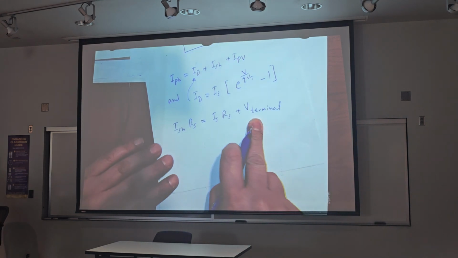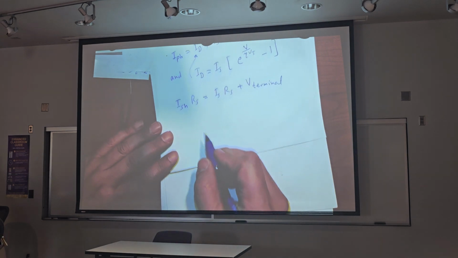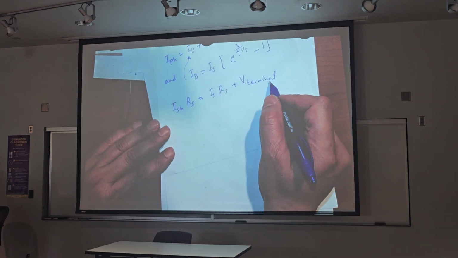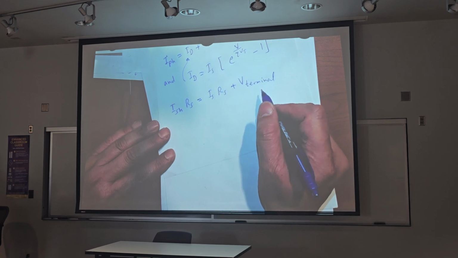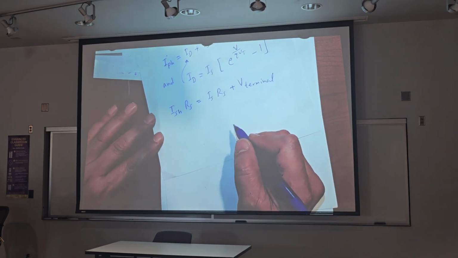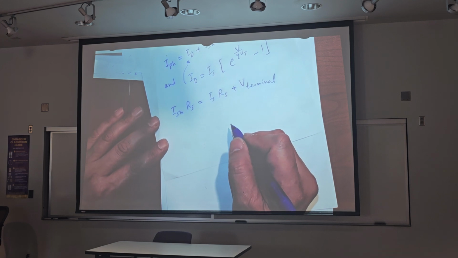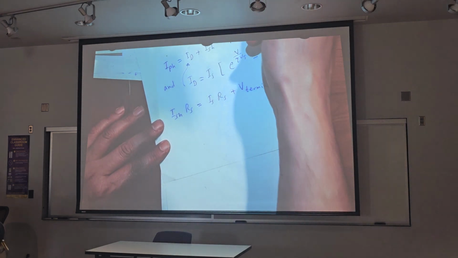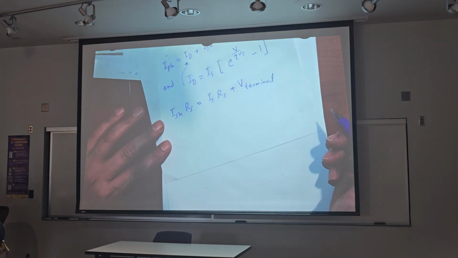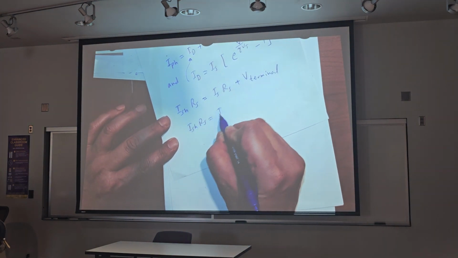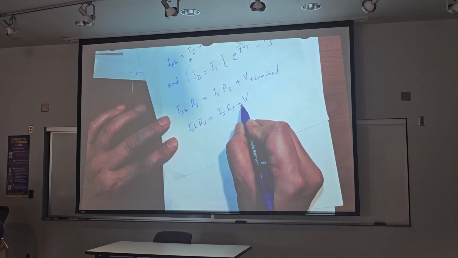I will explain what is meant by V terminal.